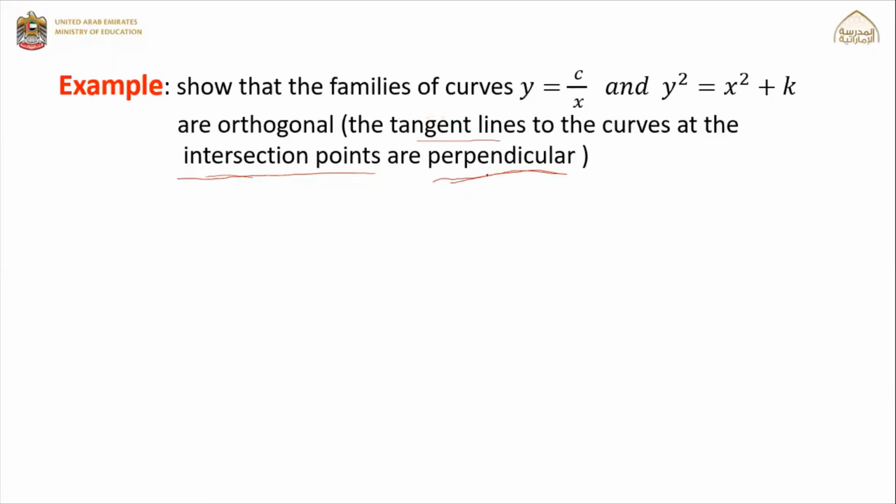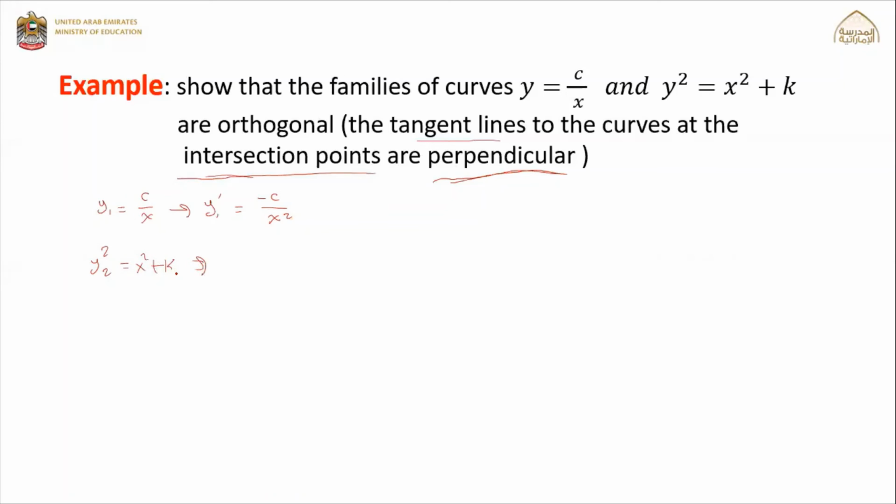So if I start from here, first of all, I must find the derivative for the first function and the derivative for the second function. So the first function y1 equals c over x. The derivative is y1 prime equals negative c over x squared. The second function y2 squared equals x squared plus k.